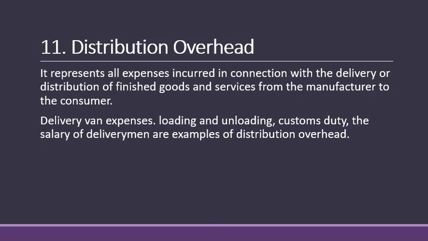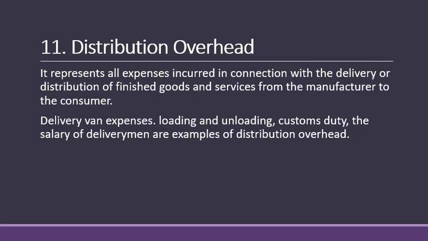Last is distribution overhead. It represents all the expenses incurred in connection with the delivery or distribution of finished goods and services from the manufacturer to the consumer. Meaning you have produced the good, now you want to distribute these goods to the particular supplier.